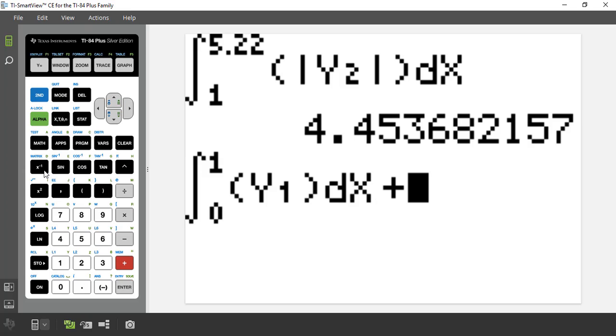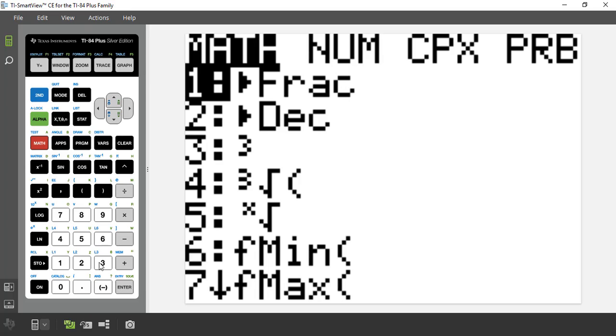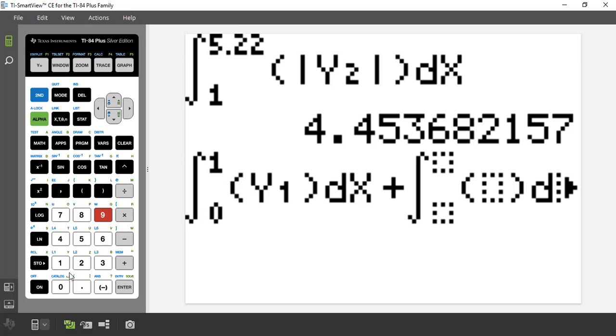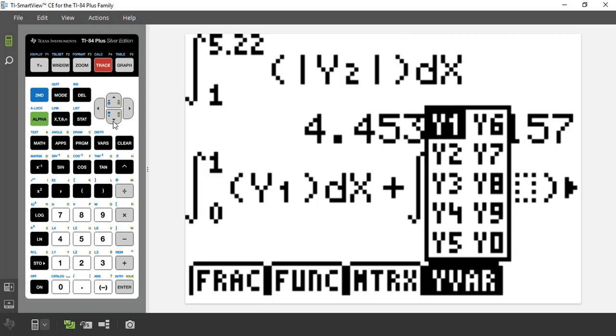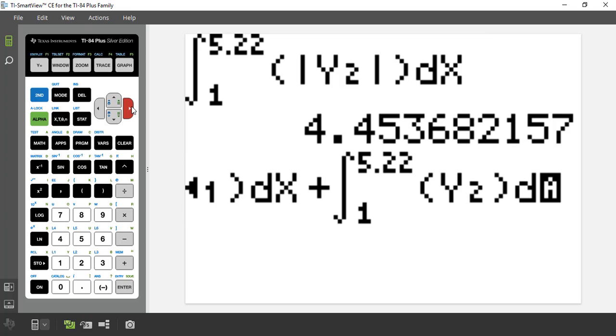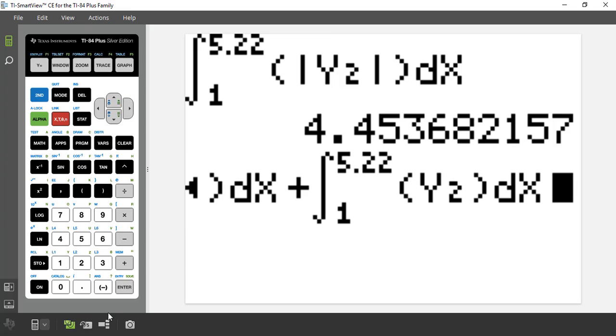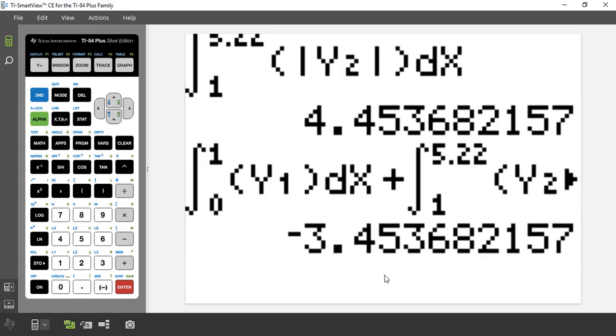Then plus Math 9, from 1 to 5.22. Alpha trace, go to y2. Then dx. Enter. Your answer will be negative 3.45.